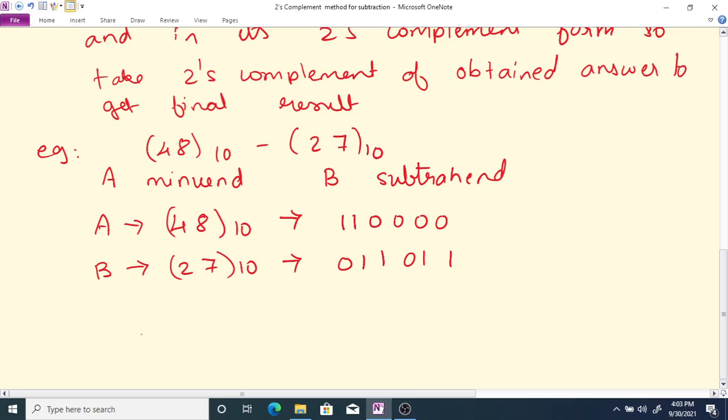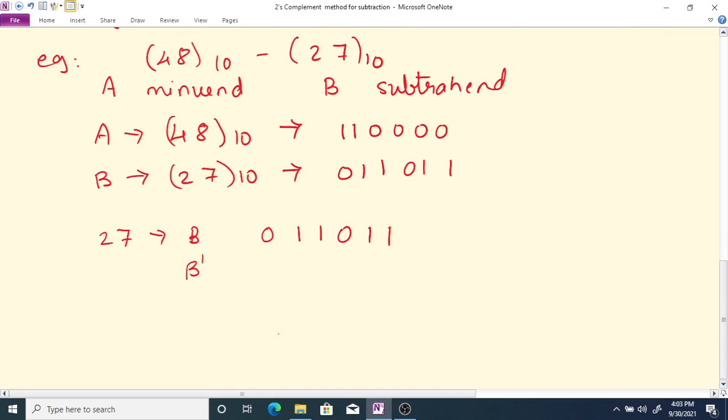Now, according to the procedure, we have to find 2's complement of the subtrahend, that is B, which is 27 in our example. Here we have 011011. First we will find 1's complement of B, which we denote by B dash.